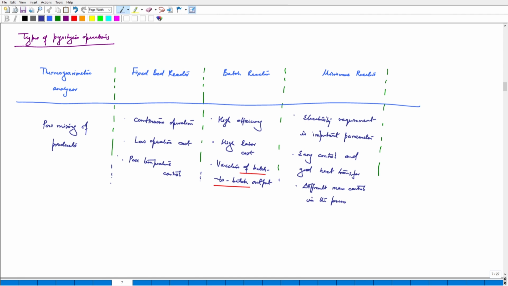So we have different types of pyrolysis operations, and we see that for every reactor that we have, let's say fixed bed or a batch reactor, or we can have other heating mechanisms also, and we can have microwave, or we just go for a very controlled small experimental setup. Each reactor itself has its own advantages and disadvantages.